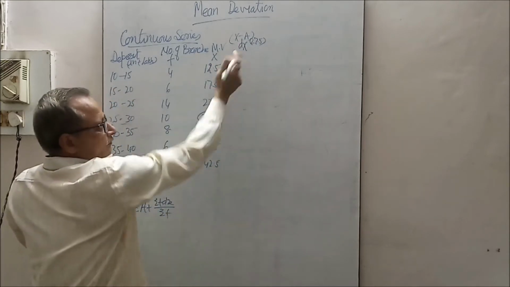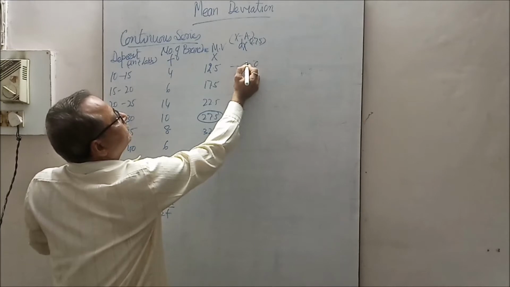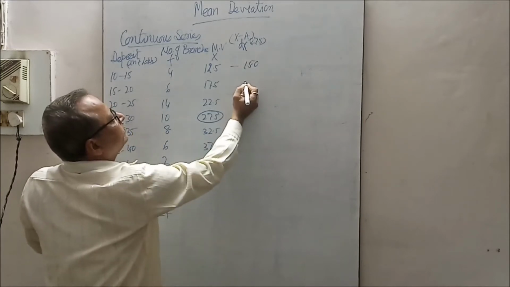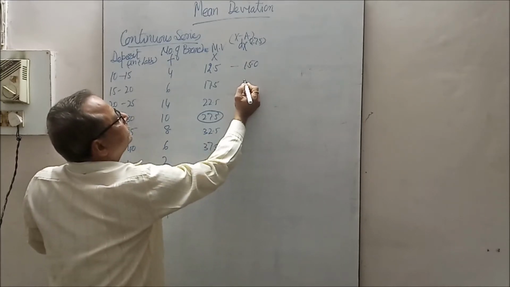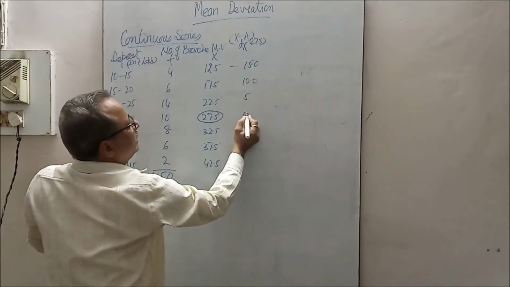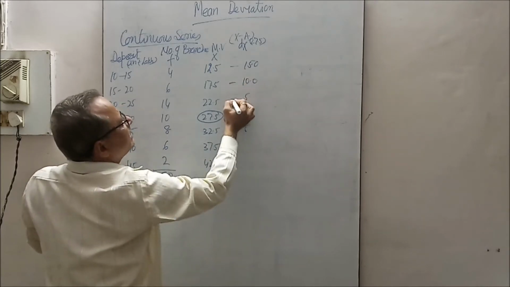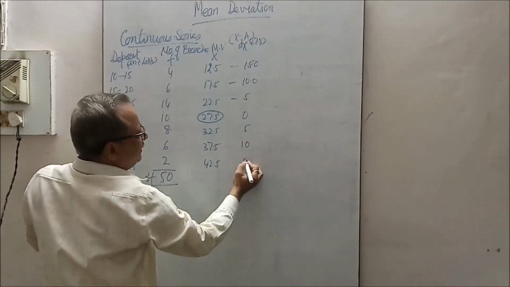Now the deviations are minus 15, minus 10, minus 5, 0, 5, 10, and 15.